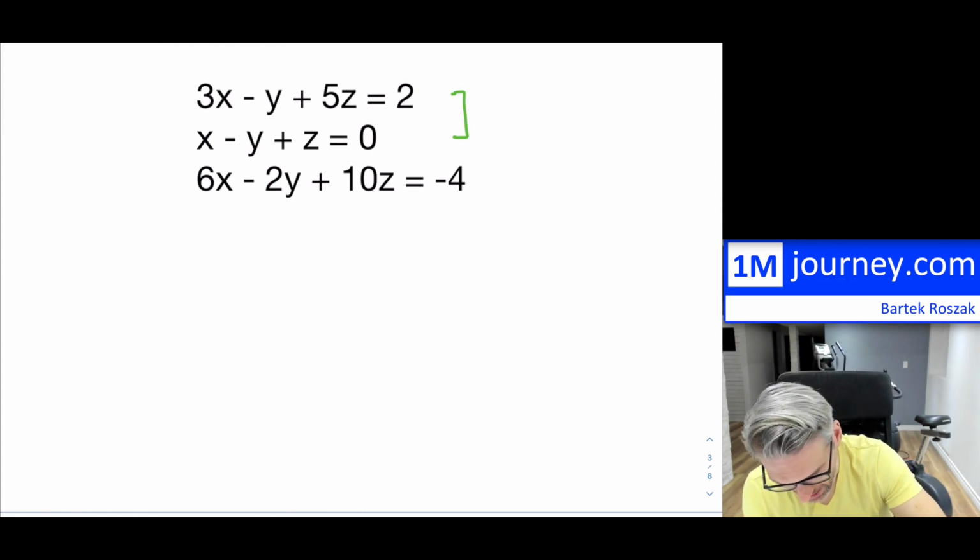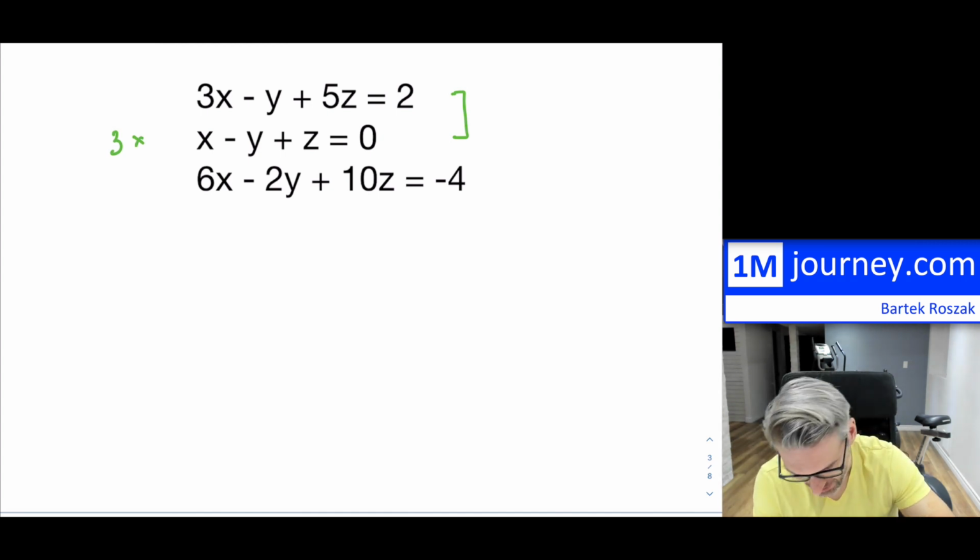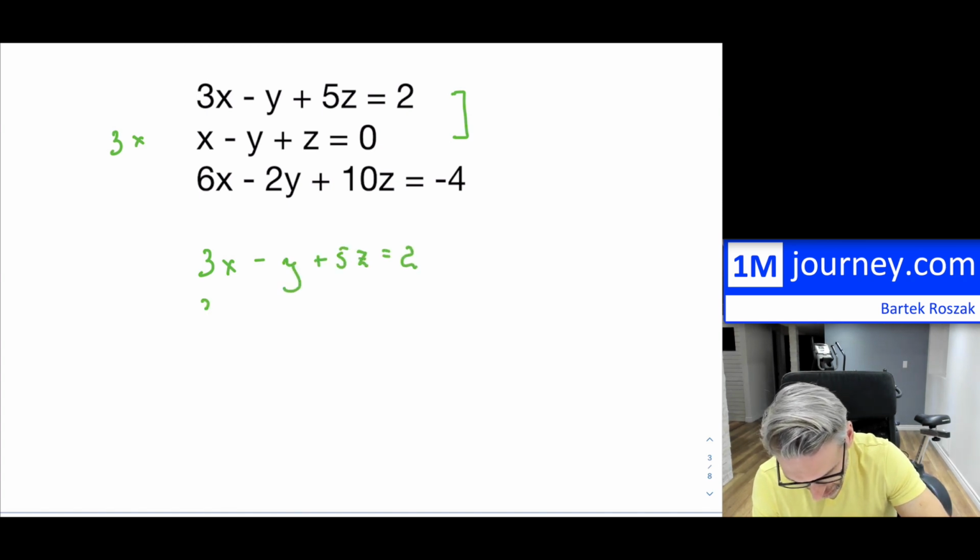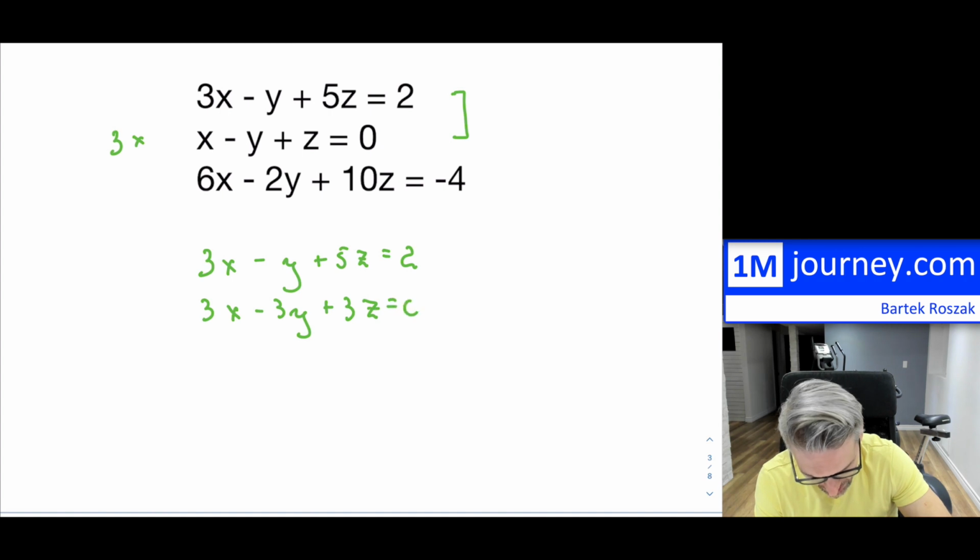So I'm going to multiply this one by 3 because I want to get rid of the x. I'm going to take my first one, 3x minus y plus 5z is equal to 2. And here I'm going to get 3x minus 3y plus 3z is equal to 0. So I just multiplied it by 3, and I want to get rid of this.